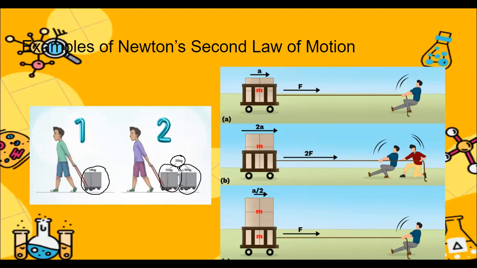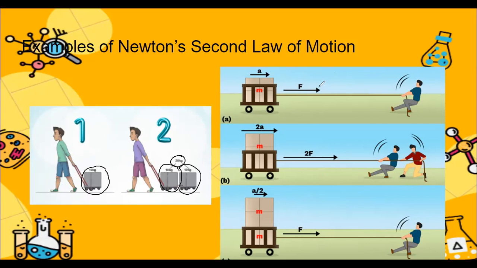By looking at the picture, you will know which one applies greater force. In number 1, the mass being pulled is less, so the force applied is less. In number 2, the mass being pulled is greater, so greater force is needed.